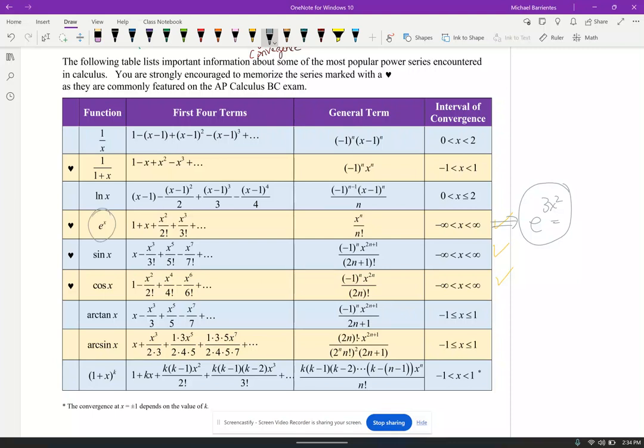And we'll talk about that here in a little bit. But the takeaway from this section is we need to memorize these four series for sure. You need to know them cold, because knowing them is going to save you time when you're asked to do something like this.